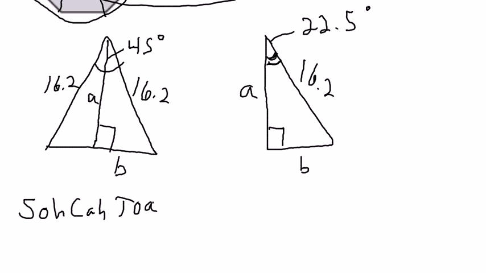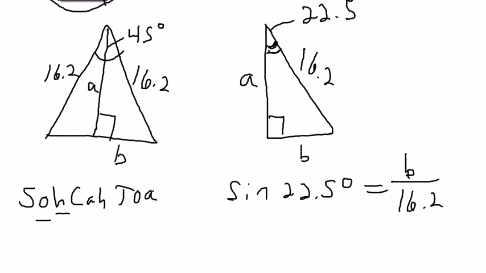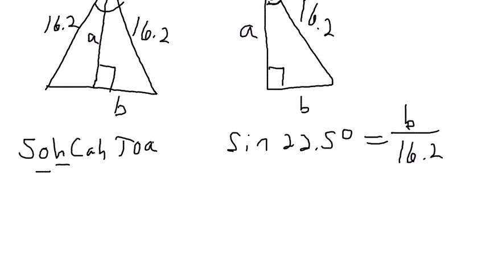I'll just do sine of 22.5, and so that's going to be opposite over hypotenuse. So opposite of 22.5 is B. Hypotenuse of 22.5 is 16.2. That was given. Alright, so to figure out B, I'm going to multiply both sides by 16.2.